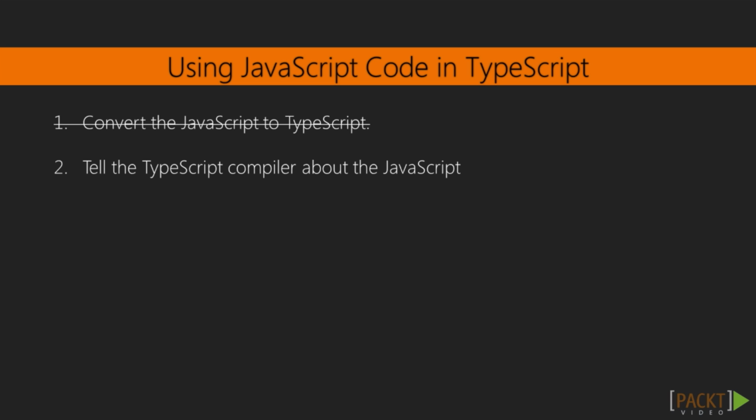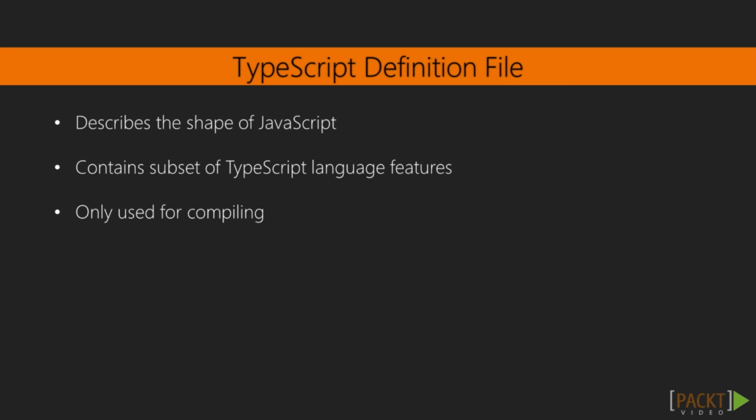So how do we tell the compiler about the JavaScript code? Well, it's quite simple, and it's to use a definition file. A definition file can be used to describe the structure and type information of JavaScript code. Put more simply, it describes the shape of JavaScript code, so that we can use it with strong typing in TypeScript. A definition file also contains only a subset of TypeScript language features.